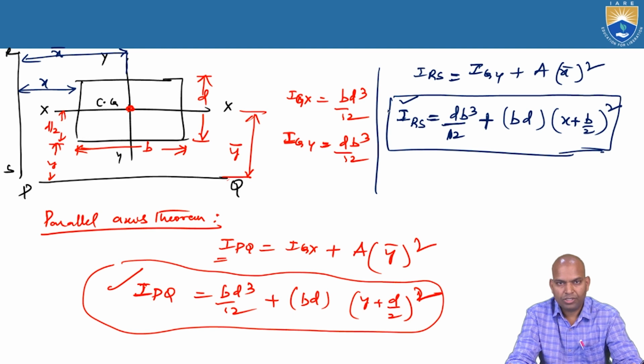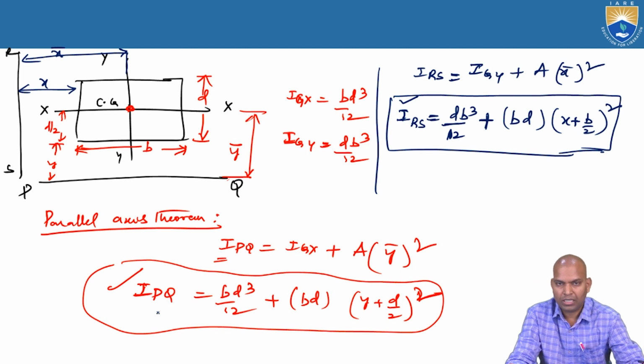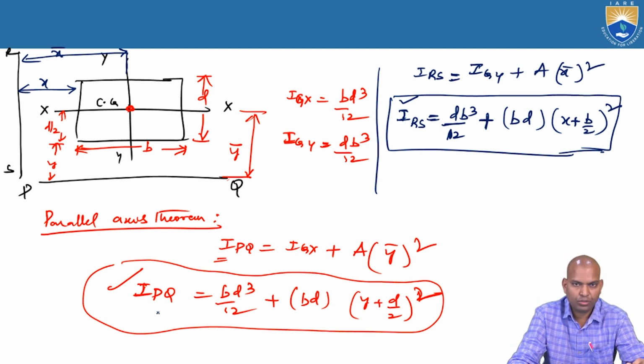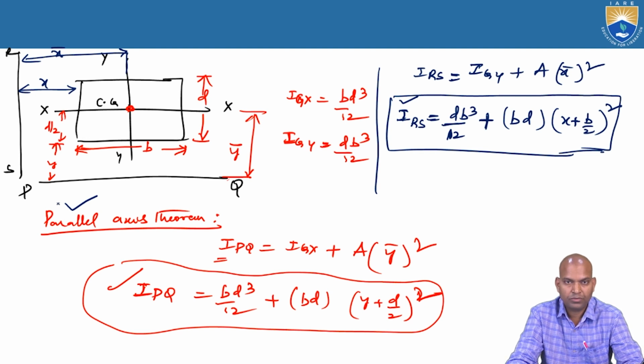This IRS is the moment of inertia about the axis RS, and IPQ is the moment of inertia about the line PQ. Thus, we have to calculate the moment of inertia of simple figures about particular lines. Here, the parallel axis theorem is highly useful for such calculations.